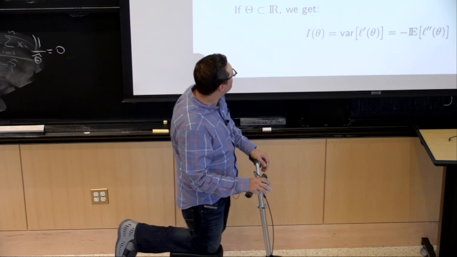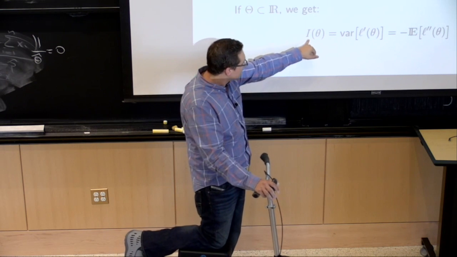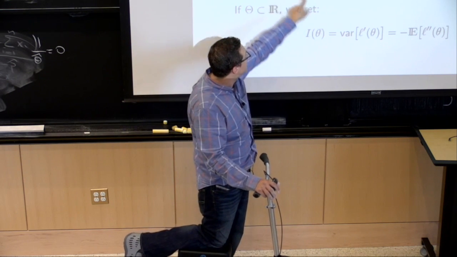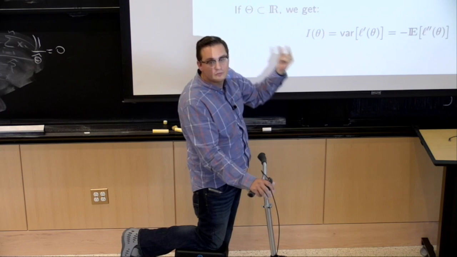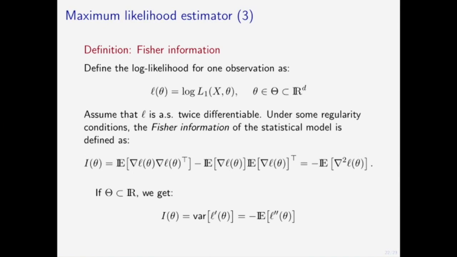In the one-dimensional case, this is just the covariance matrix of a one-dimensional thing, which is just the variance of itself. So the variance of the derivative is actually equal to the negative expectation of the second derivative. Okay, so we'll see that next time.